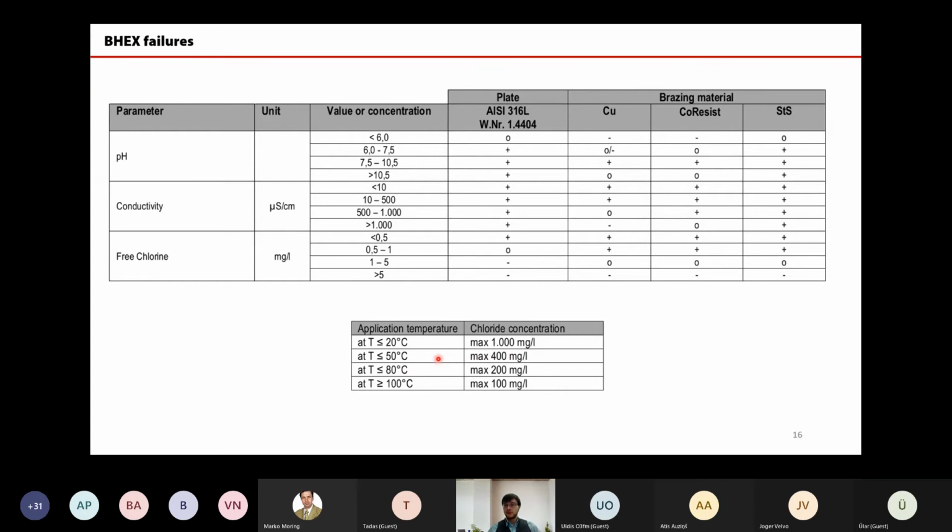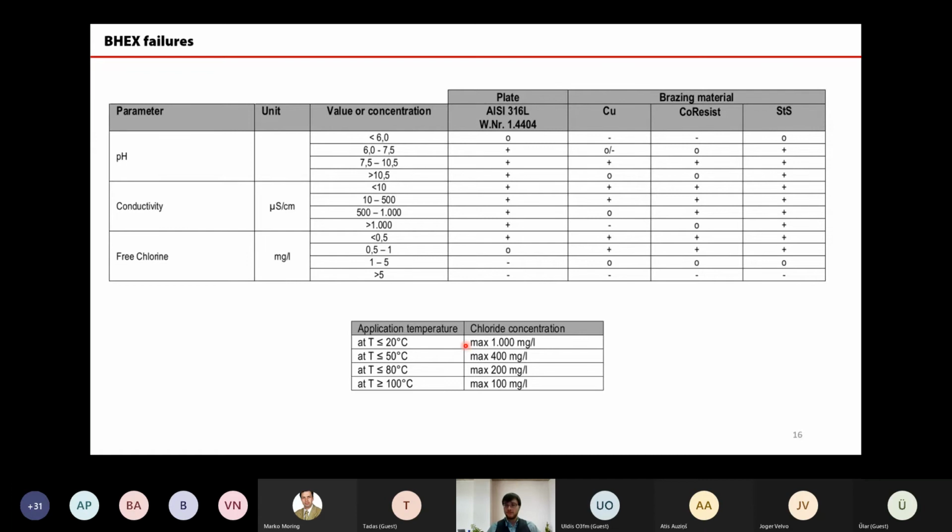No, what we need to consider is the average wall temperature of the heat exchanger. And the average wall temperature, of course, is always higher than your set-up domestic hot water temperature, because the heat needs to transfer from a hotter surface to something colder.